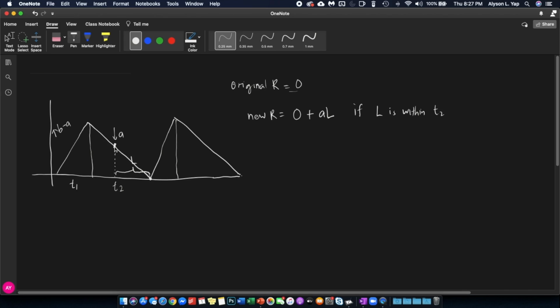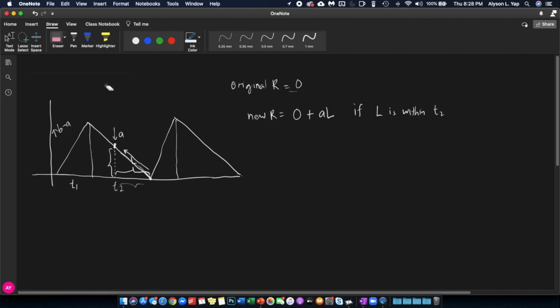If you look at the difference between the two, you're actually increasing, right? Which means from zero, you are adding some value. And how much is this increase? How much is this height? This height is essentially the rate at which this goes up times the amount of time, which is L.